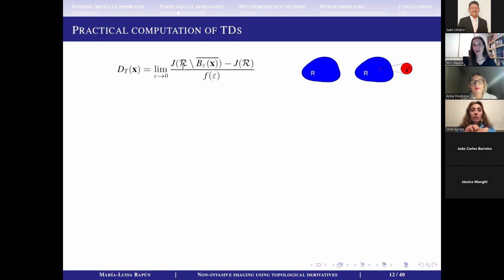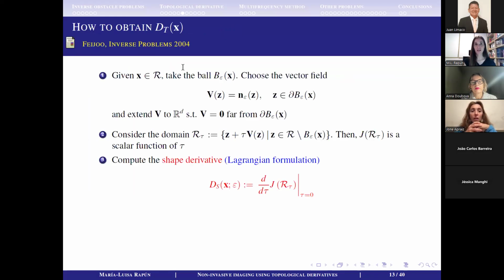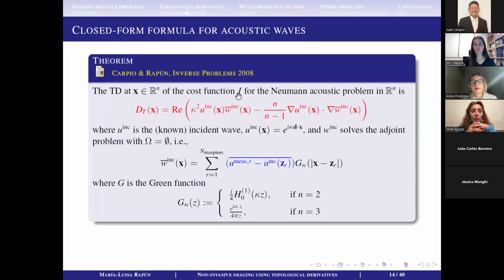A very nice way to find a closed form formula, a formula that you can implement, like the one here, which says that I just need to evaluate some function, is to introduce this alternative relation between shape and topological derivative. But it is just a way to find a function that is, let's say, easy.